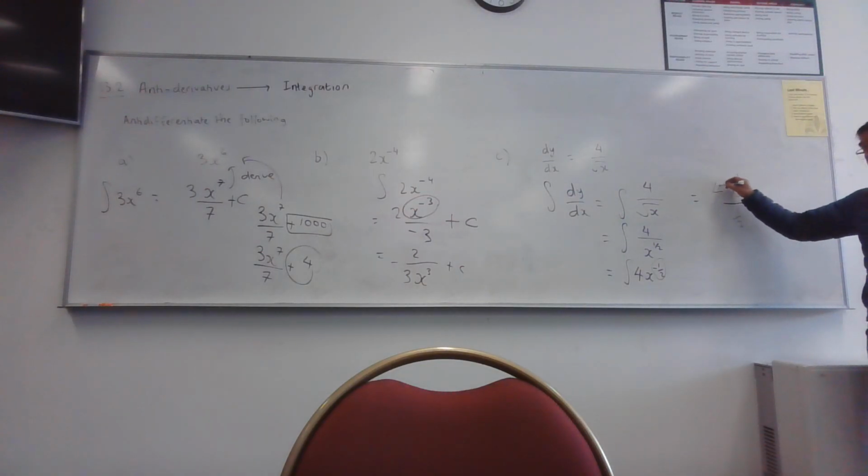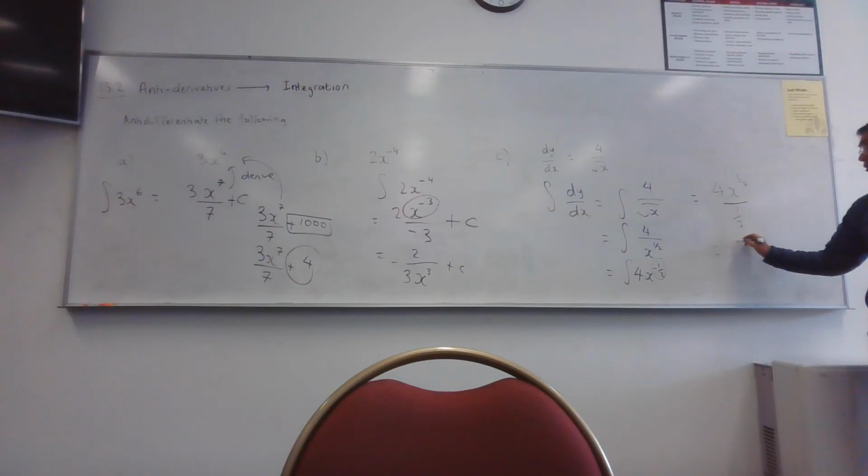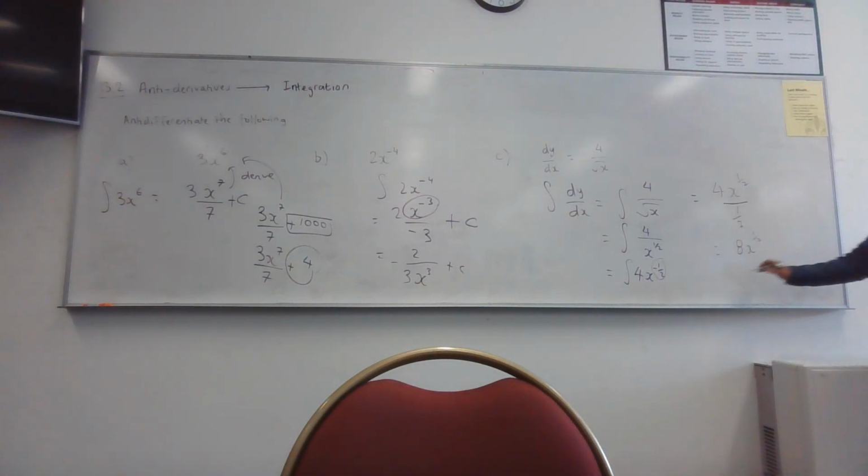The 4 is still there. But how many halves are in 4, Manny? 8. There are 8. Which we can rewrite as 8 root x. And what are we forgetting, Perry? What do I have to add on to every single integral? The c. Okay.